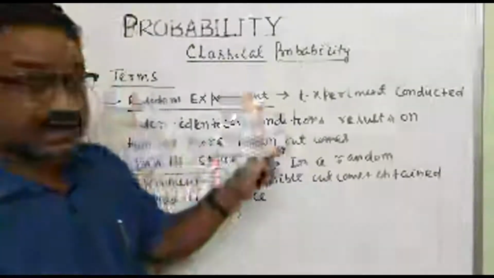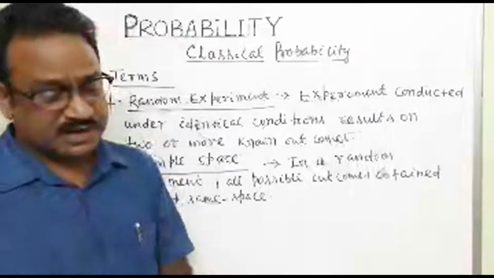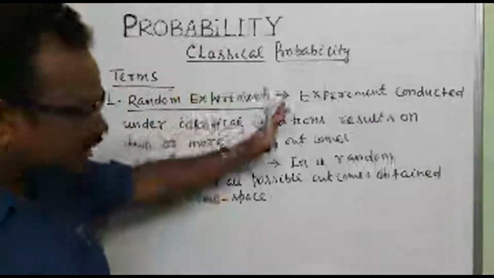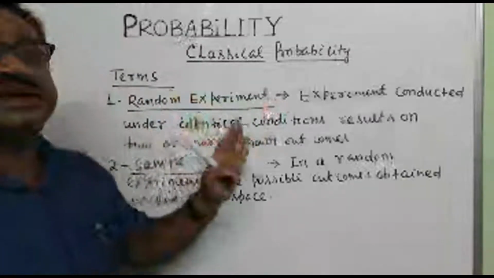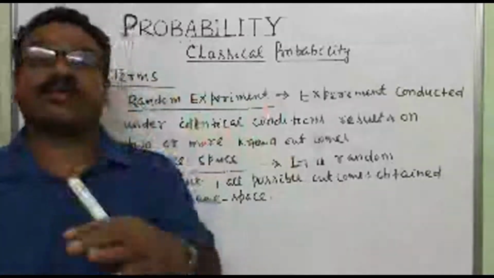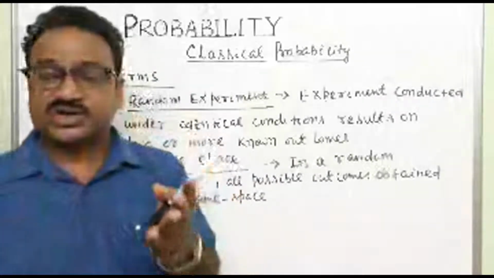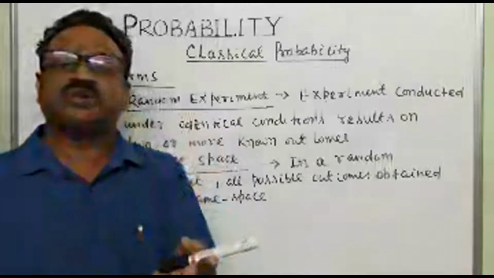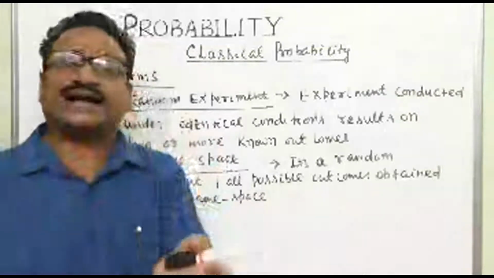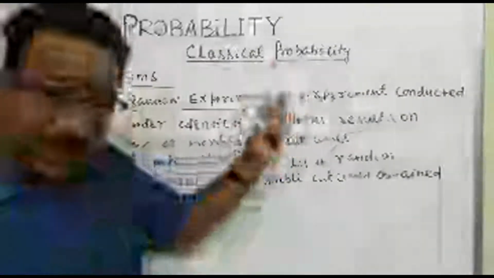For that event, other terms are related: random experiment, then sample space, then favorable outcomes. Which outcome is favorable? Suppose you want to get a head when tossing a coin, then the favorable outcome is head. Suppose you want to get tail, then the favorable outcome is tail. I will tell one by one.